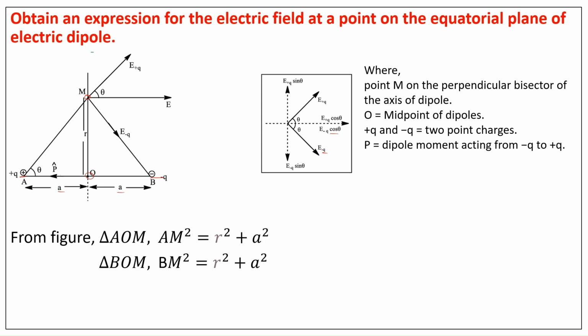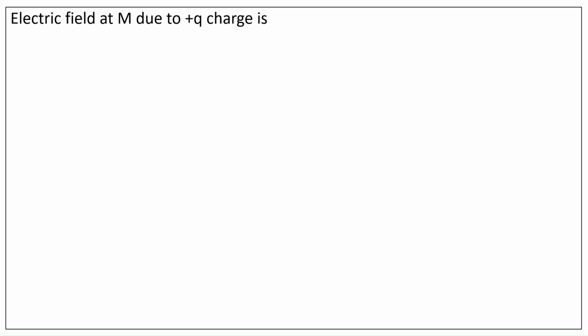In triangle AOM, AM square is equal to R square plus a square. Similarly, in triangle BOM, BM square is equal to R square plus a square. Therefore, AM square is equal to BM square is equal to R square plus a square.